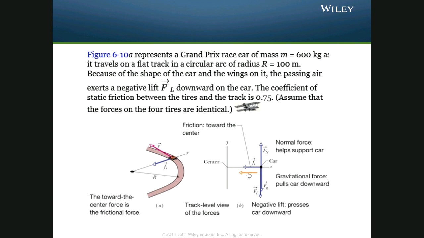Now, this is going to be a little confusing. You might be saying, well, wait a minute, Professor Toland. And again, I feel like I've lost it, referring to myself in the third person. But you might say, this car is moving. How can it be static friction? Well, you have to ask, what is the friction doing? The friction is preventing the car from changing its radial value, right?